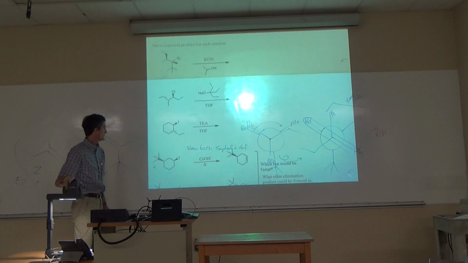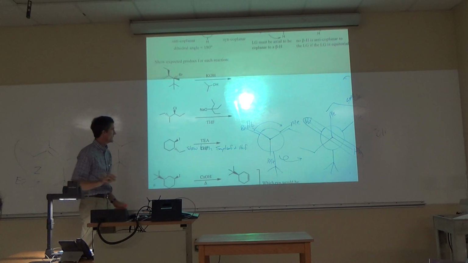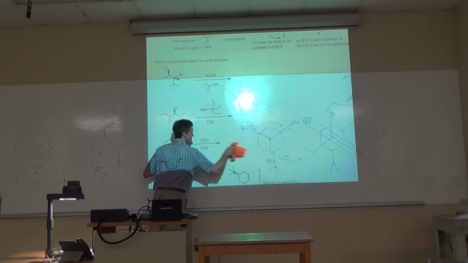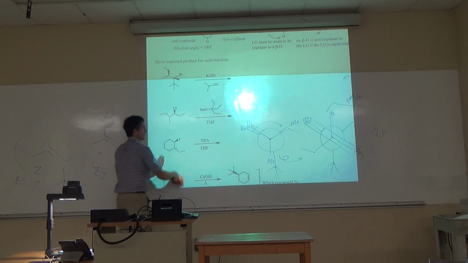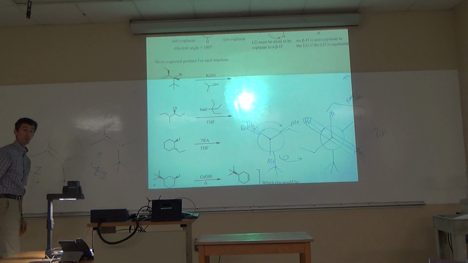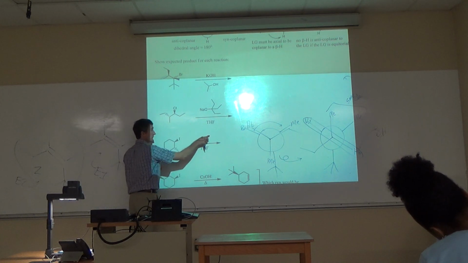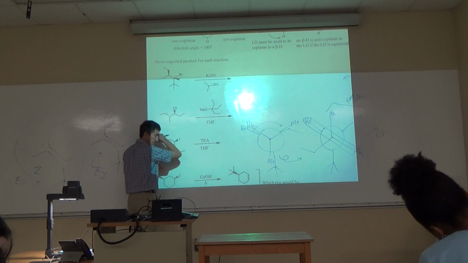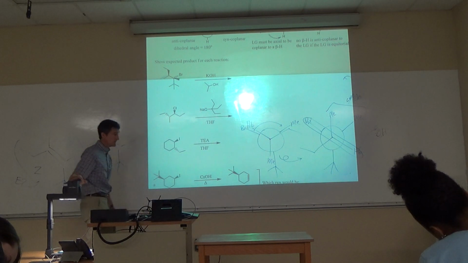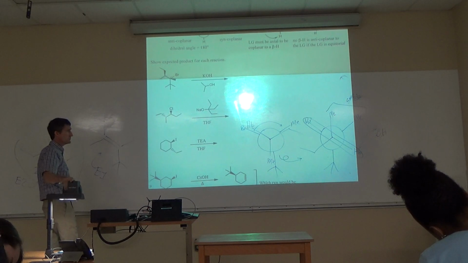Down here, rings. Anybody remember what TEA is? We saw it in the substitution handout. Triethylamine in the substitution handout. We said it was often used as a sterically hindered base. It's an sp3 amine, even though it's a neutral nitrogen. It is strong enough to do an E2.